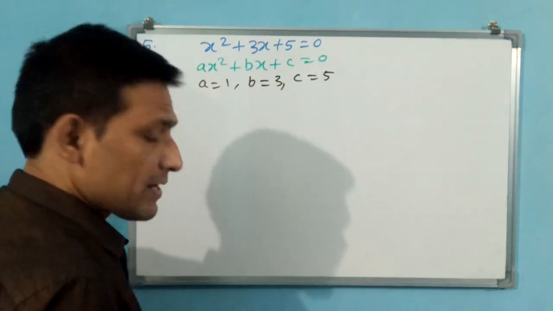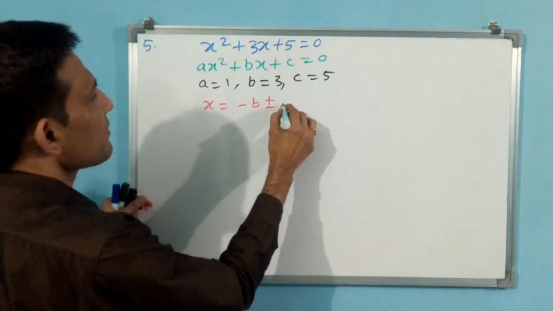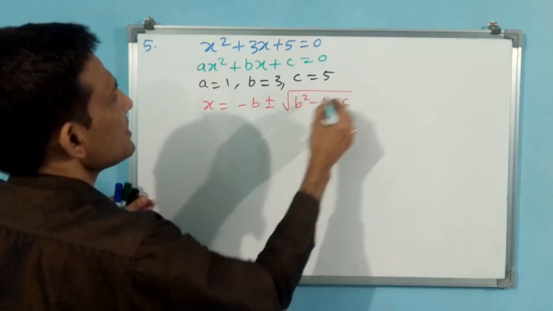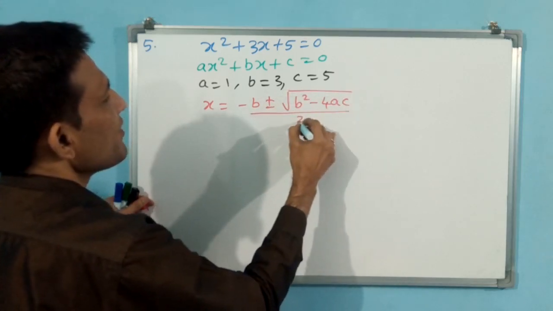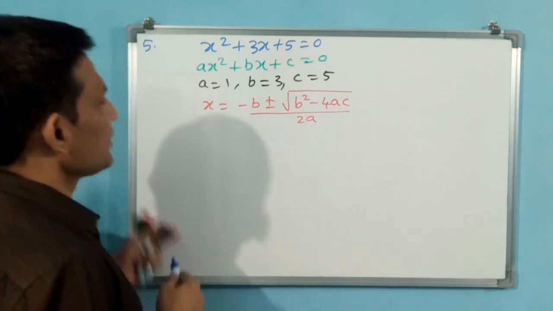And what is the formula? The formula is x is equal to minus b plus or minus square root of b square minus 4ac by 2a. Then substitute.